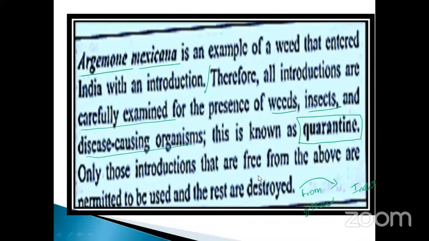Only those introductions that are free from the above are permitted to be used and the rest are destroyed. Likewise, whichever one is introduced, that one is permitted. That species only we use, otherwise the remaining things are completely destroyed. It will not give a good result. That is the reason. It is related to plants as well as animals also. Okay, what is the next one?